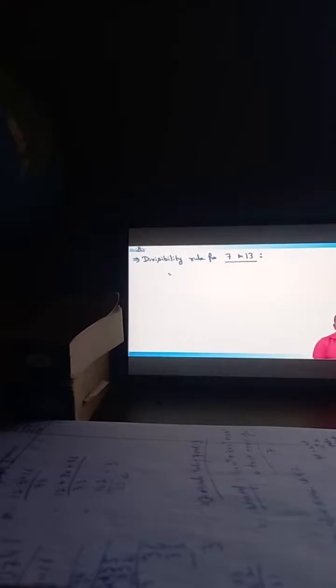See, now again, suppose a number is A, B, C, D, E, F. I can write it as A into 10 raised to 5 plus B into 10 raised to 4 plus C into 10 cube plus D into 10 square plus E into 10 raised to 1 plus F into 10 raised to 0.